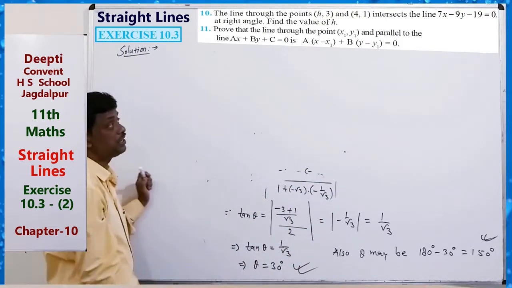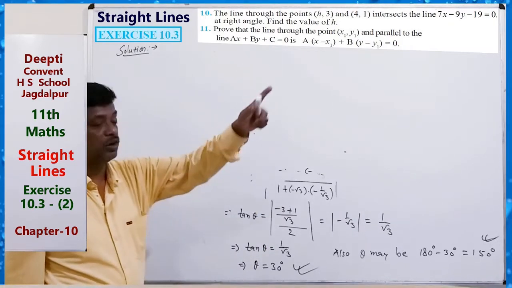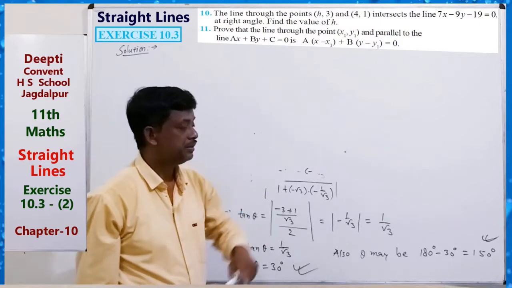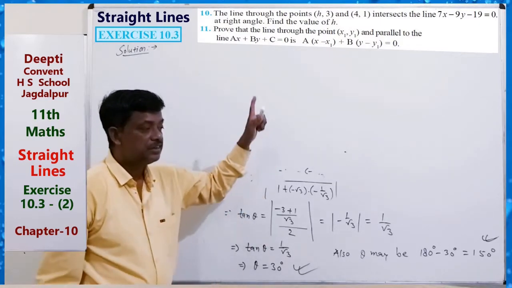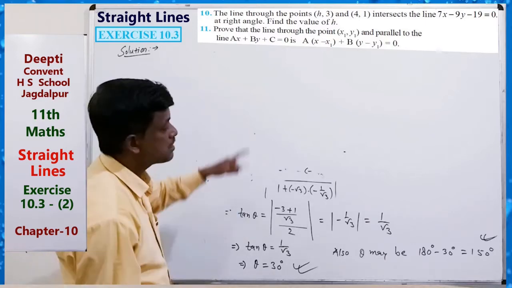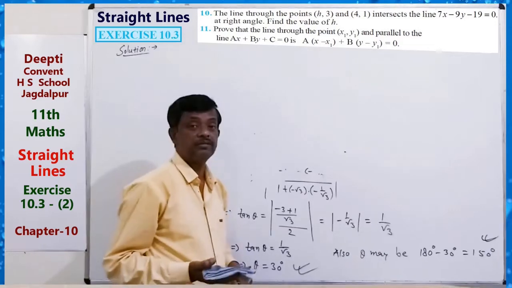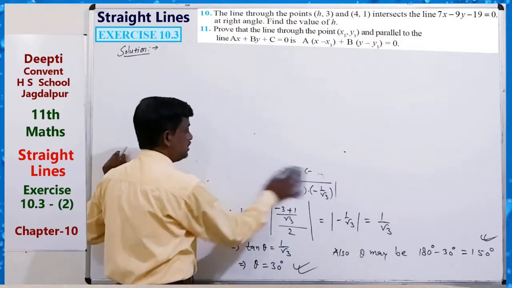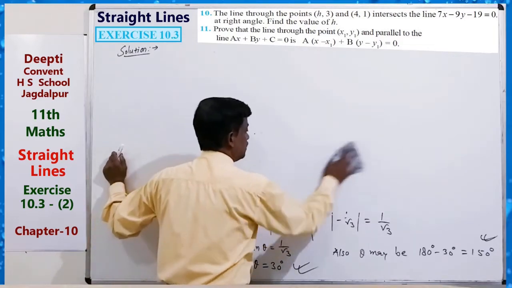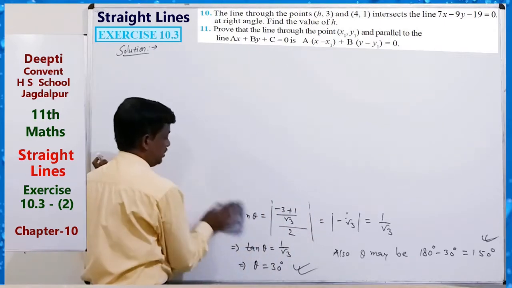Here in question 10, the line passes through the two points (h, 3) and (4, 1) and intersects the line 7x minus 9y minus 19 at right angle. Find the value of h.